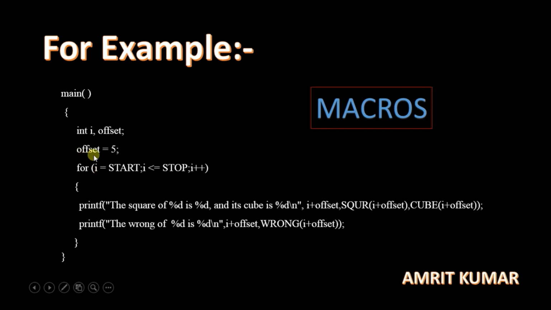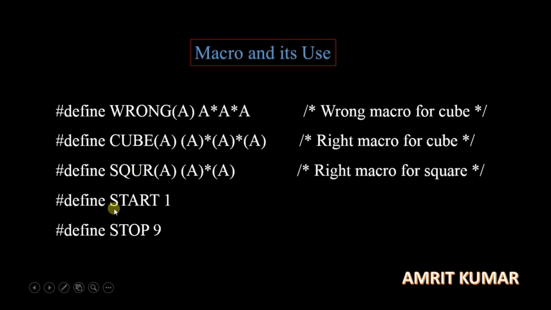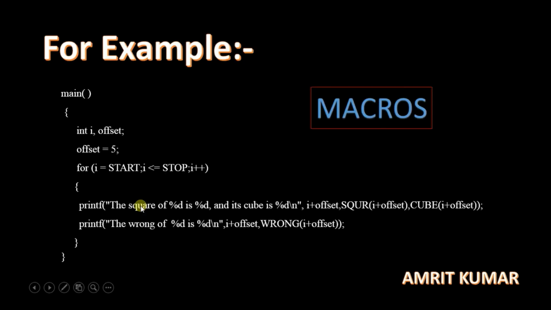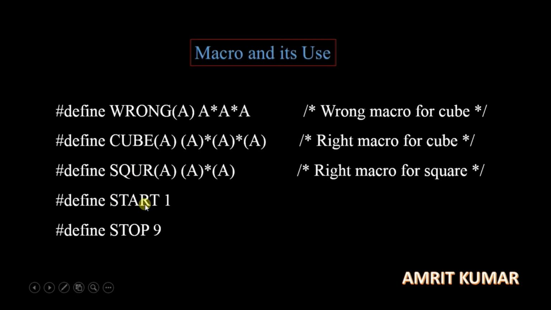So offset is a variable of integer data type containing 5. We are just starting with the loop here. The loop starts from i equal to START, and START is a macro which contains 1.